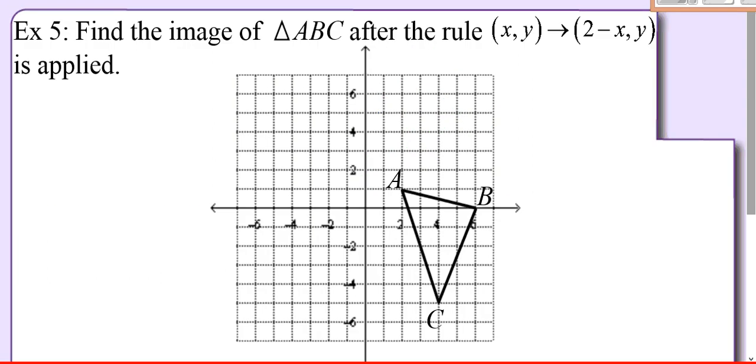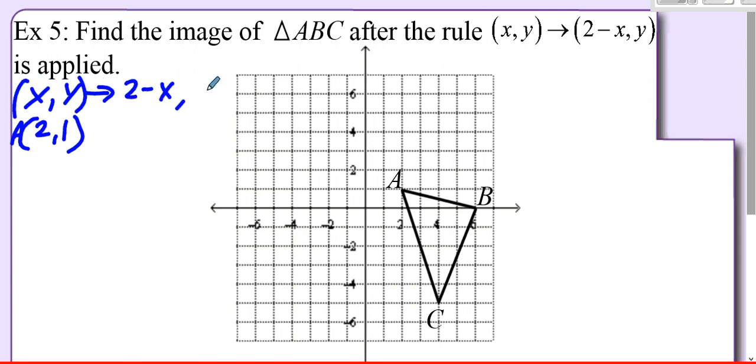So for this one, it just gives us the rule, which is actually kind of easy. You just have to write out what the coordinates are. A is at 2, 1. So when we apply the rule, we go 2 minus x.